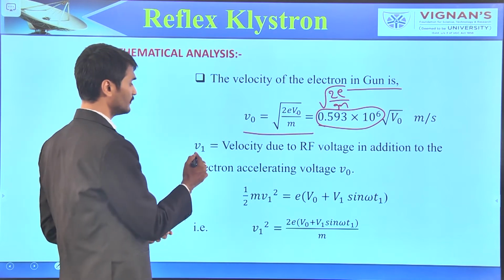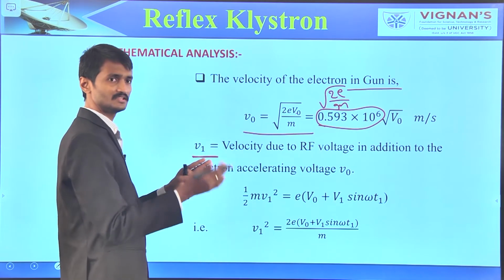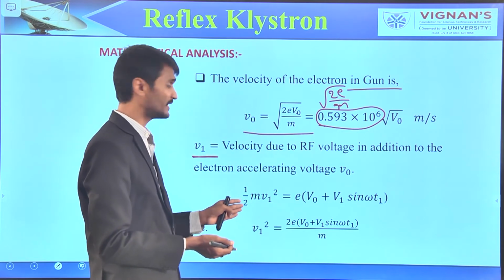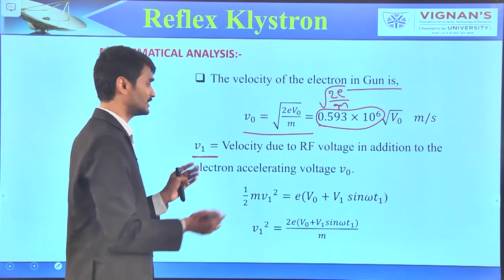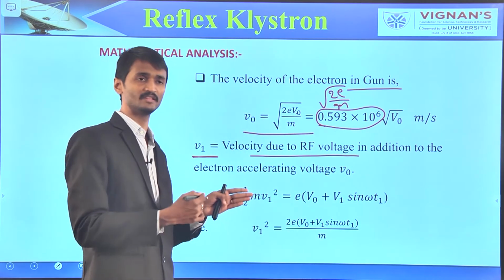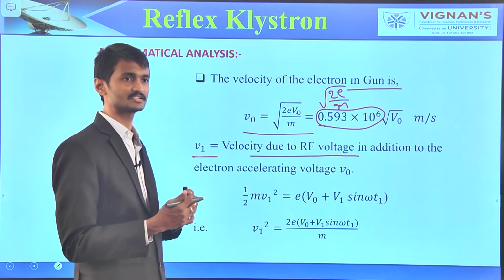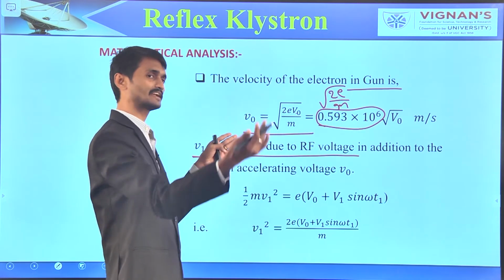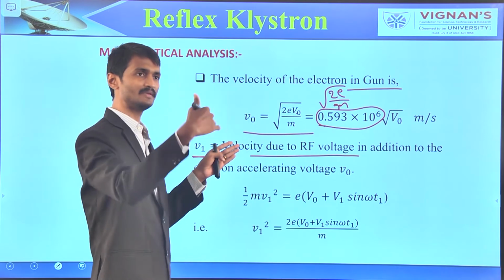Like we have seen with the same terminology in the two cavity klystron amplifier, here V1 is nothing but the velocity due to the RF voltage. Where will the RF voltage be? In the two cavity klystron, there are two cavities: in the first cavity the RF signal is applied, and in the second cavity the amplified RF signal is extracted.